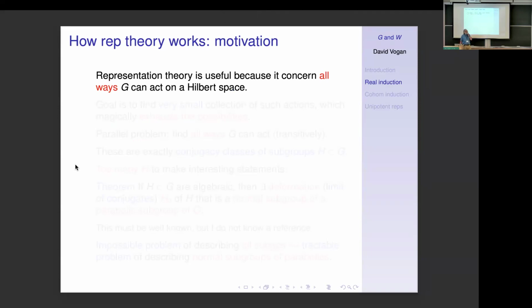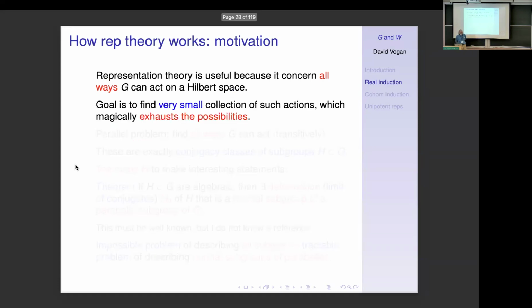I said that representation theory was useful because it concerned all the ways that a group could act on a Hilbert space. So what you want to do is find a small collection of actions of a group on a Hilbert space which magically is everything. A more elementary sounding problem of the same nature is to find all the ways that a group can act transitively on a space.